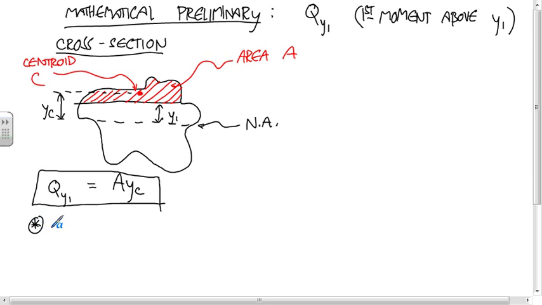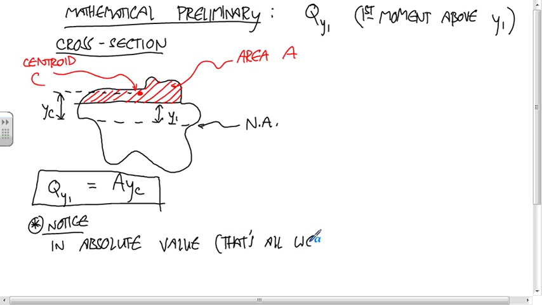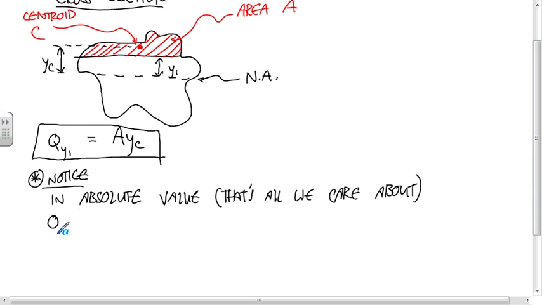And one interesting thing about this value is, in absolute value, and that's all we're going to care about, Q above y1 is equal to Q below y1.